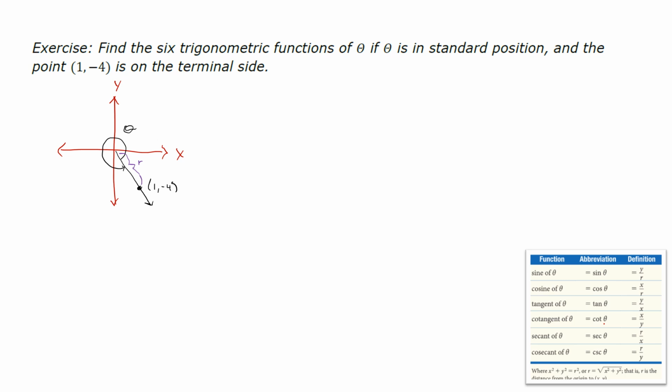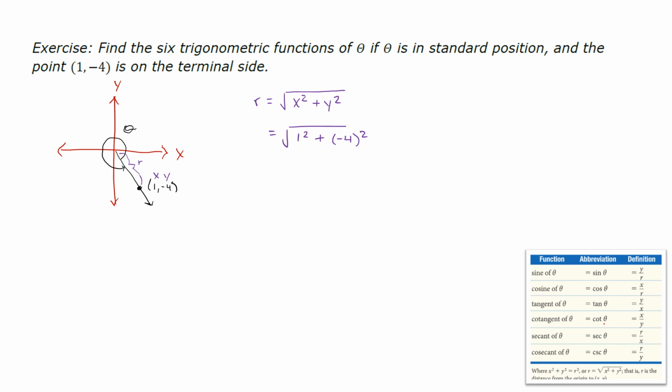Now we need to find that distance. We know what x and y are because they are given by our point, and so we can use x and y to find r. r is given by the formula square root of x squared plus y squared. We can substitute in our values: x is 1 and y is -4.